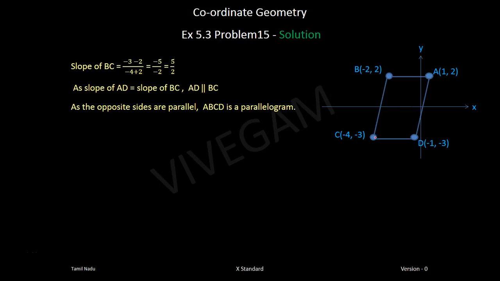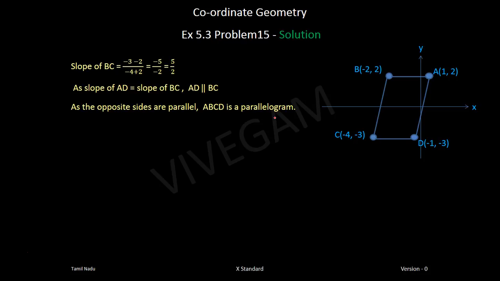So what do we have? We have the opposite sides. Earlier we found AB is parallel to DC, and we just found that AD is parallel to BC because the slopes are equal. As opposite sides are parallel, ABCD is a parallelogram. That's all in this problem.